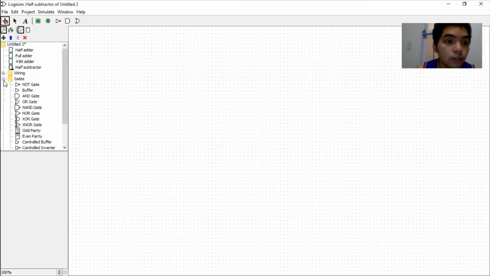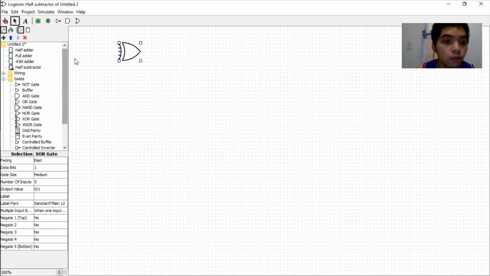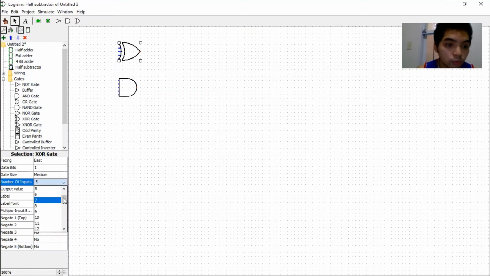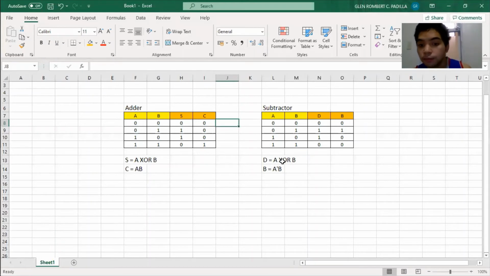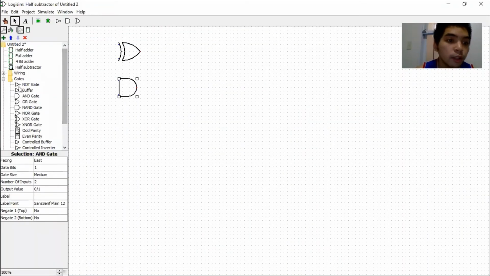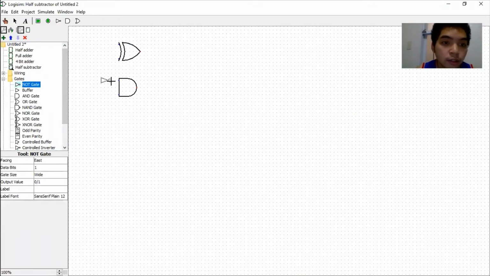So we need to have a gate of XOR and then an AND. As we can see here, A is complemented, so we need to have a NOT gate.